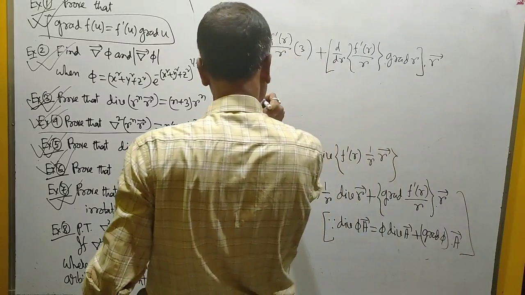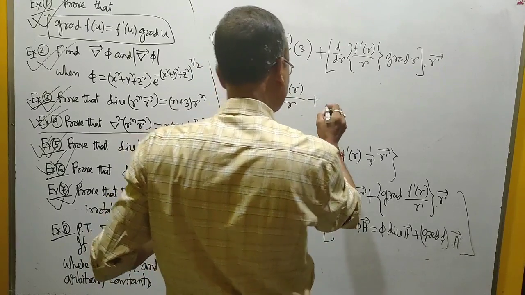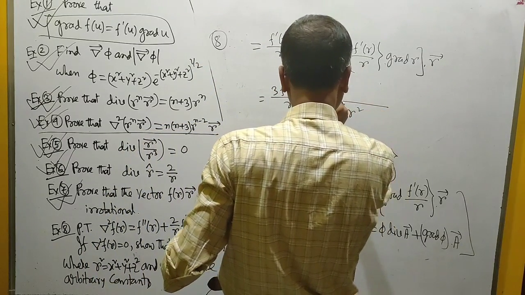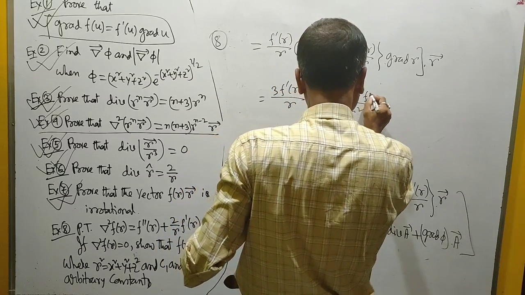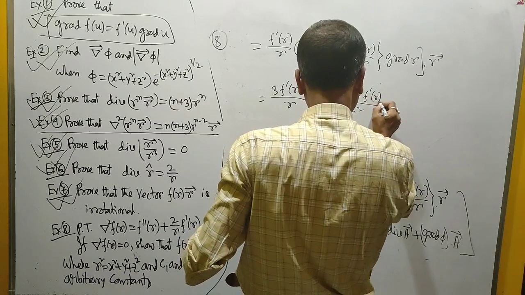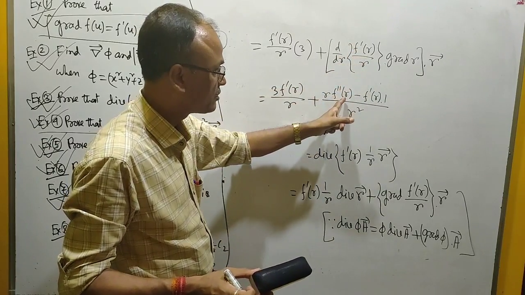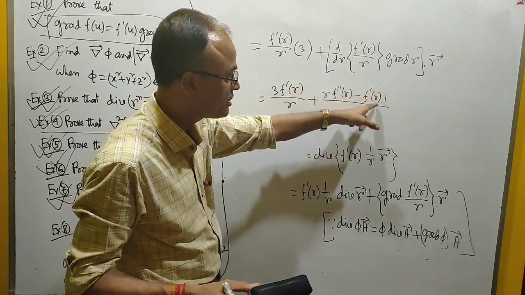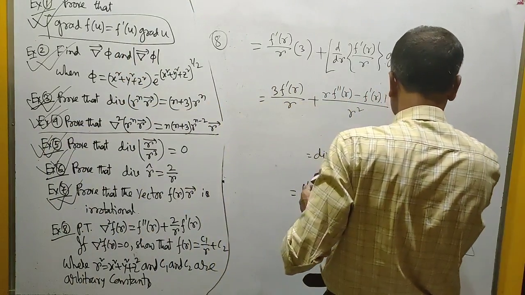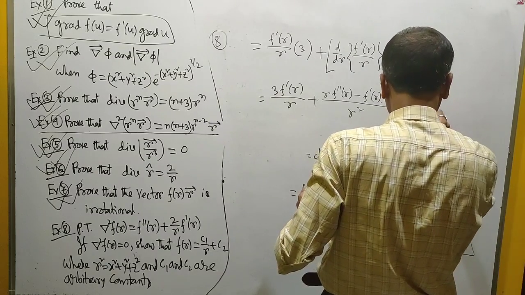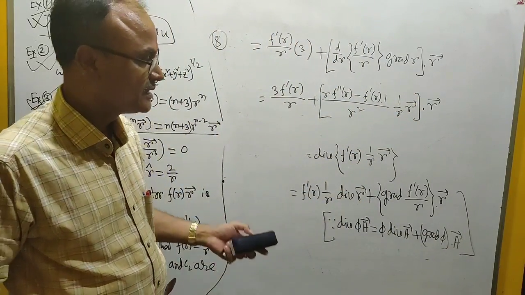This is equal to 3 f dash r divided by r plus, by the quotient rule, (r f double dash r minus f dash r) over r square, times gradient of r, which is again 1 by r vector, dot r vector. Since gradient of r is equal to 1 by r vector.